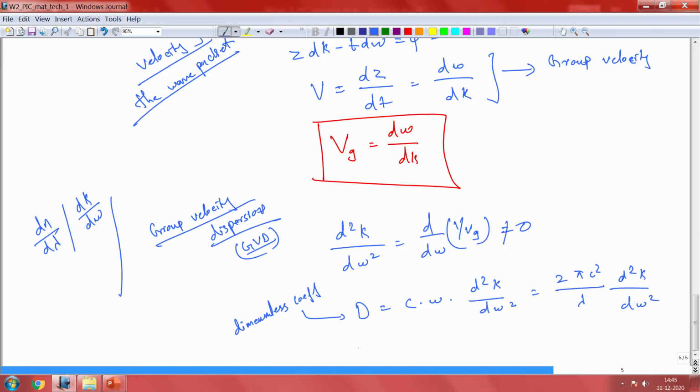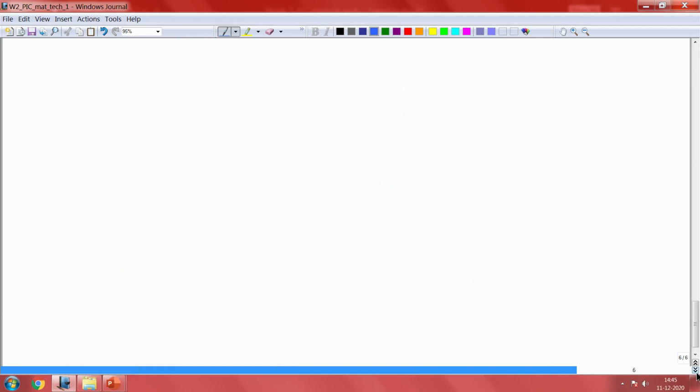And this group velocity dispersion can be positive or it can be negative. In a similar way, we saw the normal dispersion and anomalous dispersion for wave propagation. The group velocity dispersion will also have positive and negative implications.